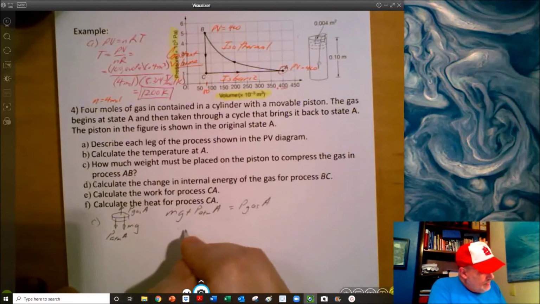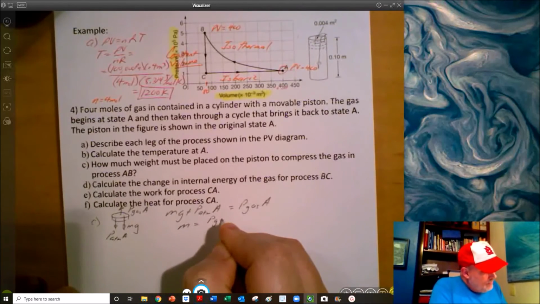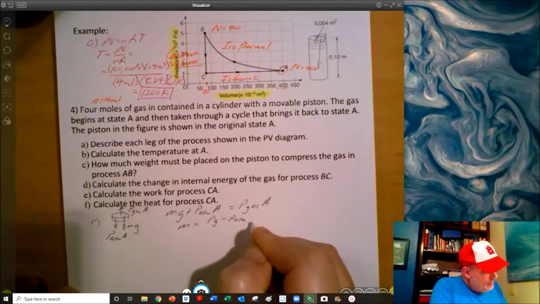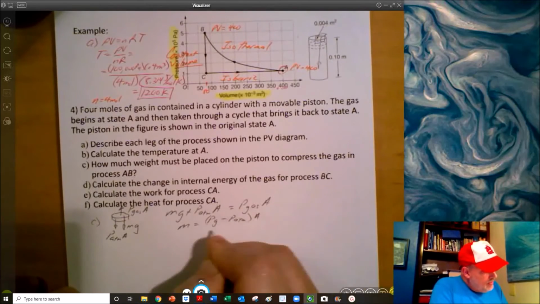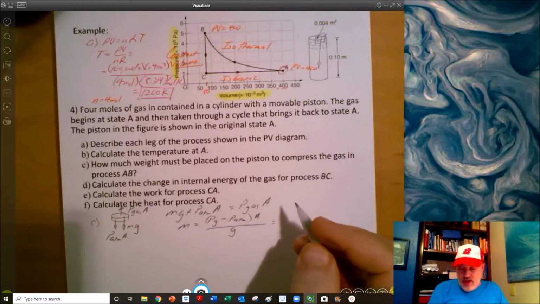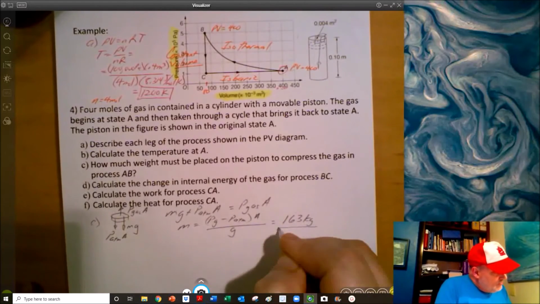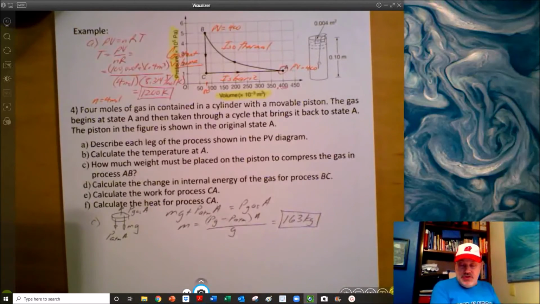That gives us mass equals the pressure of the gas minus the pressure of the atmosphere, times the area, divided by g. If you put all these numbers in, you will get a mass of about 163 kilograms if we use 9.8 for g.